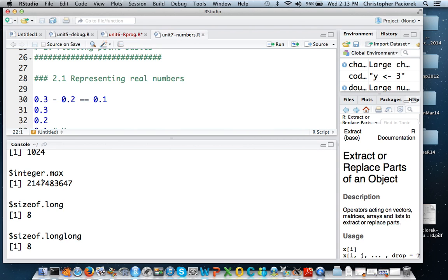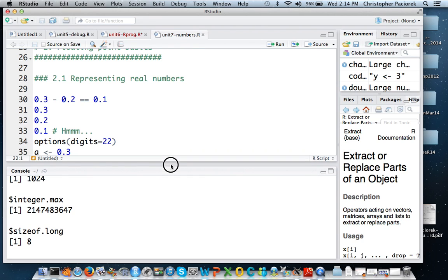So that actually makes sense. We've got 4 bytes, therefore we have 32 bits, and this relates exactly to how many different numbers we can represent.